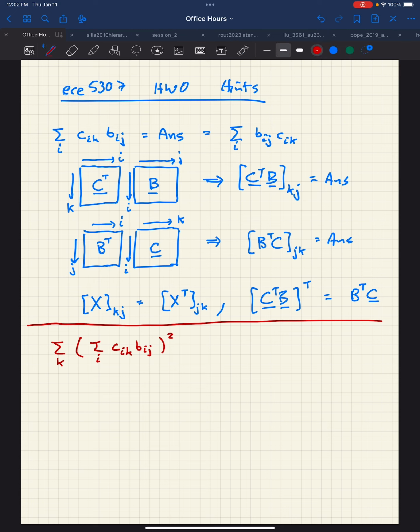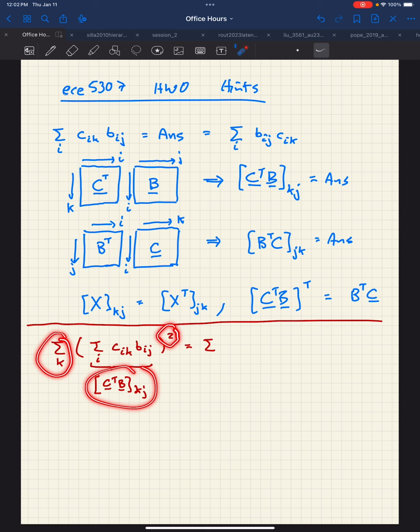And so what I can do is rewrite this as a sum. Let me substitute this. We have C transpose B, that matrix, and I'm extracting the kth row and jth column. Now you can see that what we want to do is take this, do some further stuff to it, and write that concisely in terms of matrix-vector quantities without any summations.